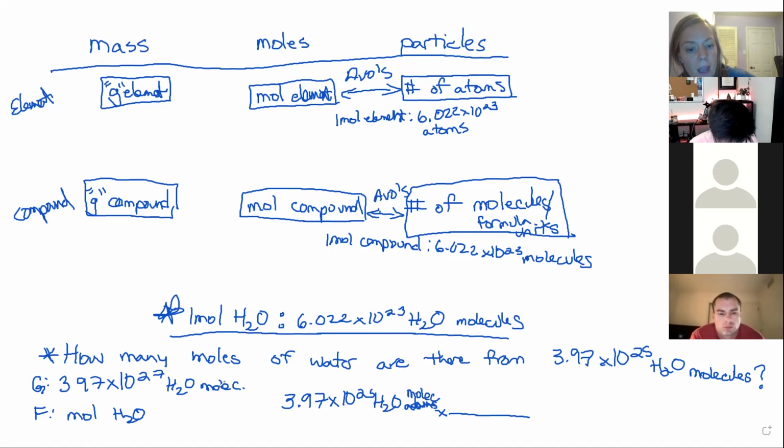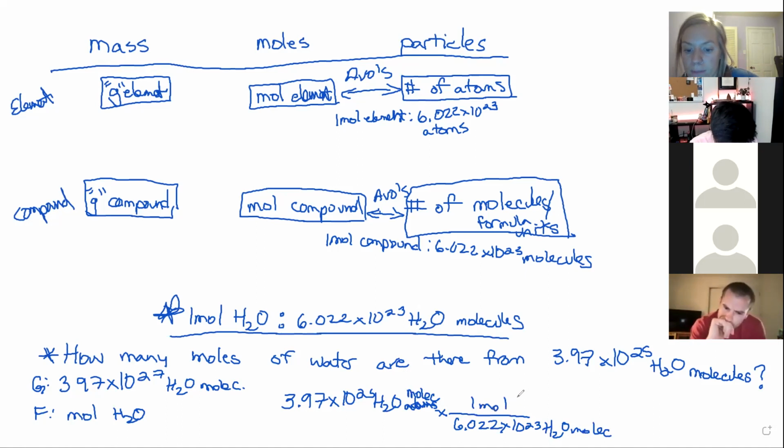Dealing with molecules here, I want to put the 6.022 times 10 to the 23rd H2O molecules on the bottom for every 1 mole of water. That's going to allow the molecules to cancel and we'll be left with just moles.